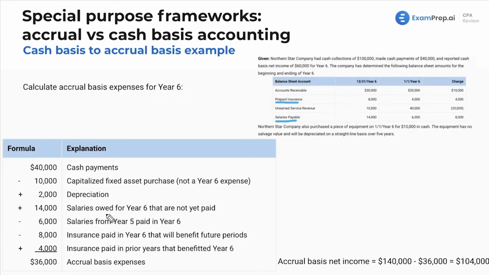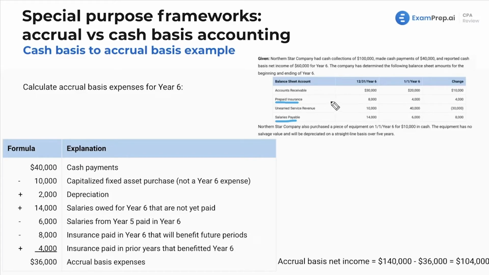So salaries owed from year 6 that are not yet paid, and salaries from year 5 that are paid in year 6. Remember, it's when it's accrued, when it actually happens, not when it's paid out. If the salaries were accrued in year 6, which is the year we're working with, then you're going to include those for sure. So same process as we just saw before, you net them together and really think about it.